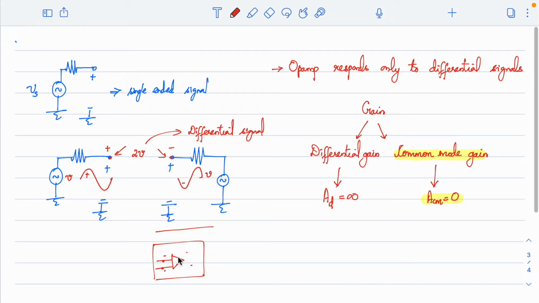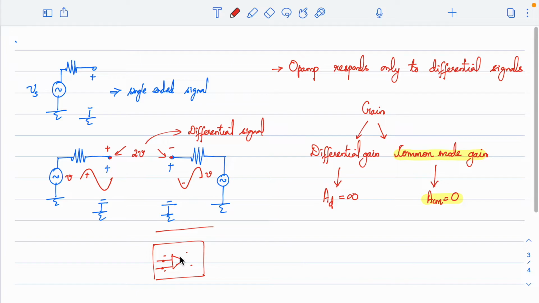That is exactly what we need. So when I say the common mode gain should be equal to 0, the common mode disturbances will come, but the op-amp should not respond to that, or it should give a common mode gain of 0 or as low as possible, so that the effect of this noise will not be propagated further, right? I hope to some level you understood. We'll discuss more about this.